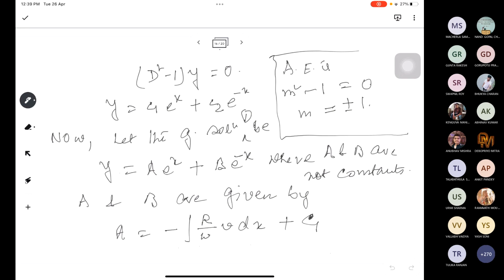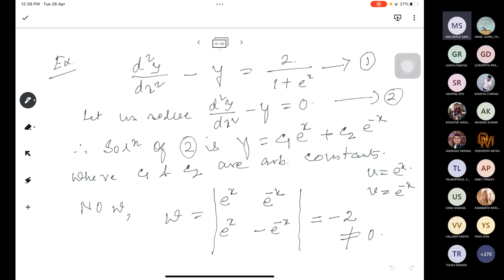Which solutions are linearly independent? For this particular problem, U and V are linearly independent. Why? Can you write U in terms of V or V in terms of U? Linearly independent means you cannot write U in terms of V or V in terms of U. That is why these are linearly independent.